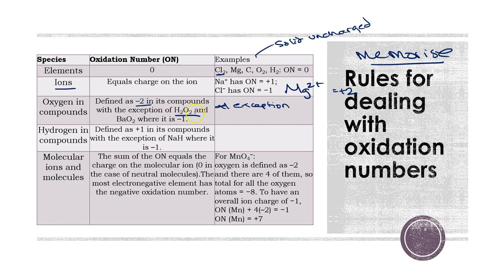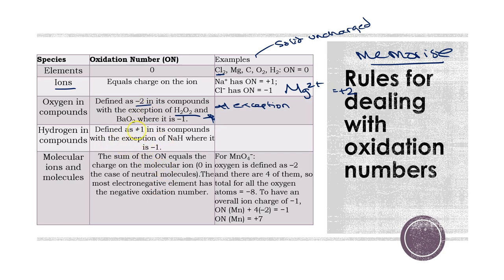H2O2, in order for this to be neutral, the hydrogen is going to be +1, so the oxygens must be -1 each. Same with barium peroxide, Ba2+. If I'm going to have 2 oxygens with it, then each oxygen must be bringing one minus with it. So there are exceptions there, just these two that you need to know.